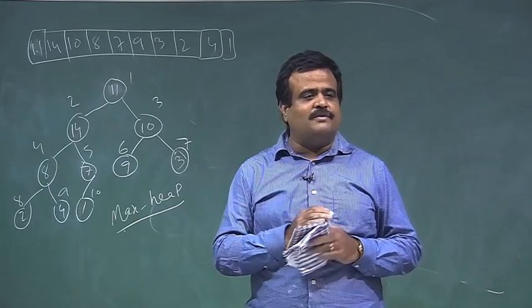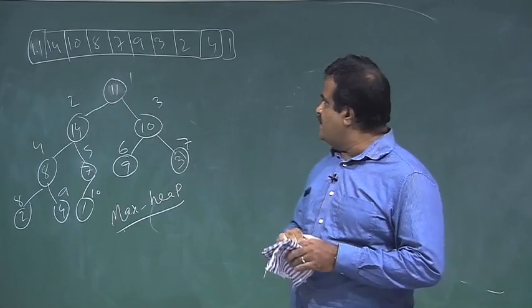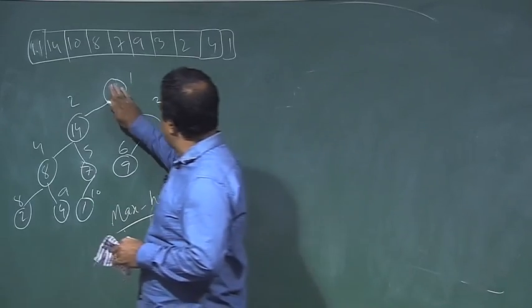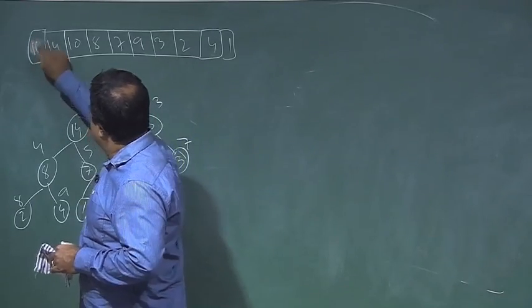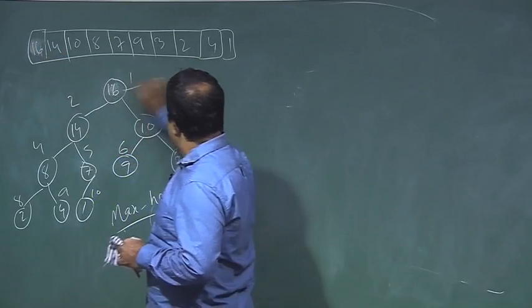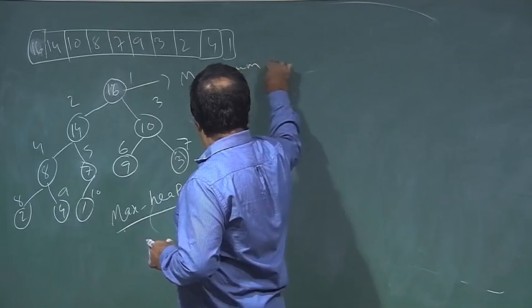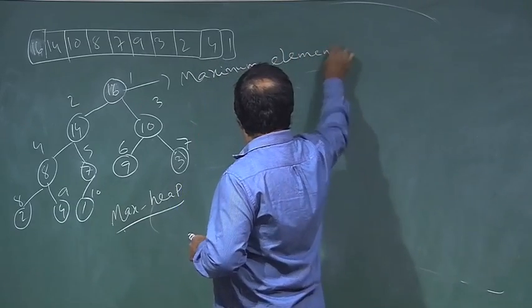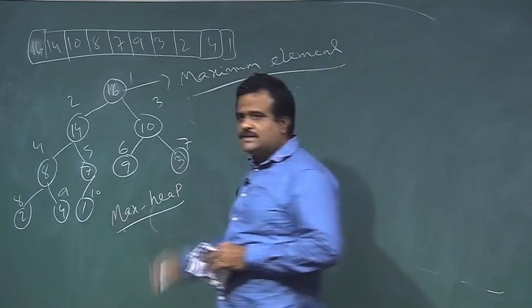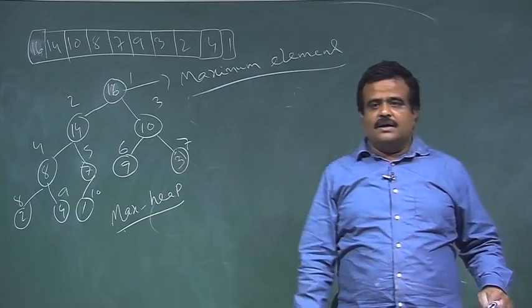What is the advantage of having a max heap array? If we have a max heap array, then we know the root contains the maximum element, so the max operation we can easily find out.